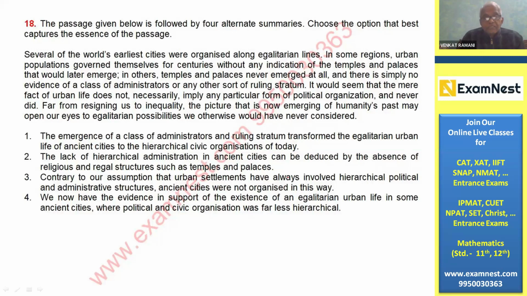In some regions, urban population governed themselves for centuries without any indication of the temples and palaces that would later emerge. In others, temples and palaces never emerged at all. And there is simply no evidence of a class of administrators or any other sort of ruling stratum. It would seem that the mere fact of urban life does not necessarily imply any particular form of political organization, and never did.